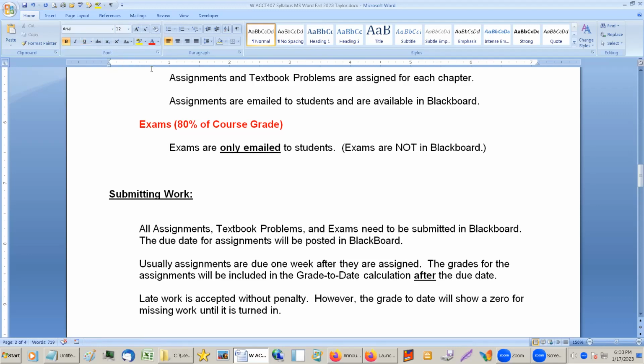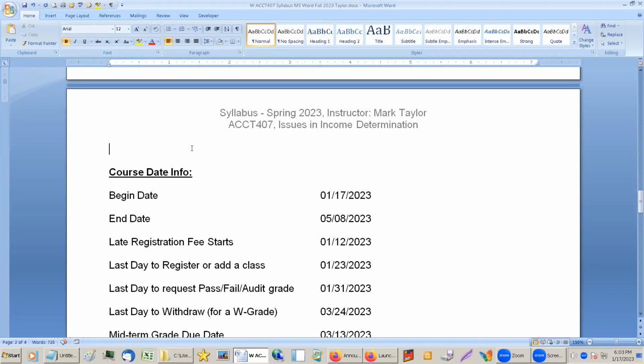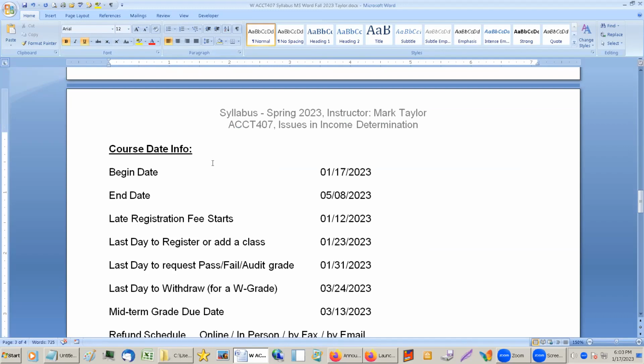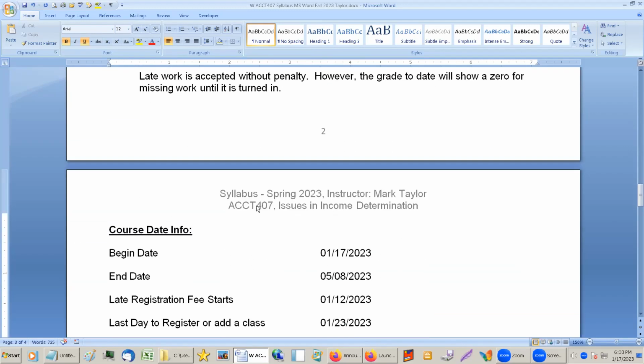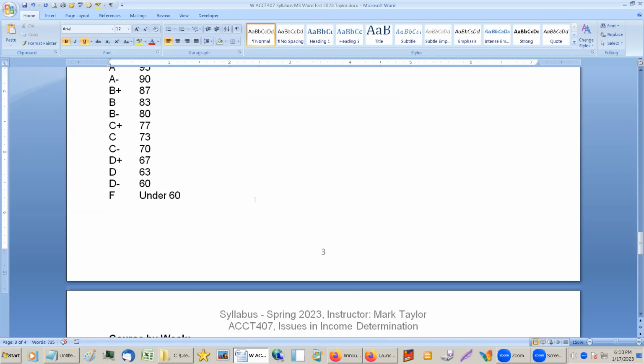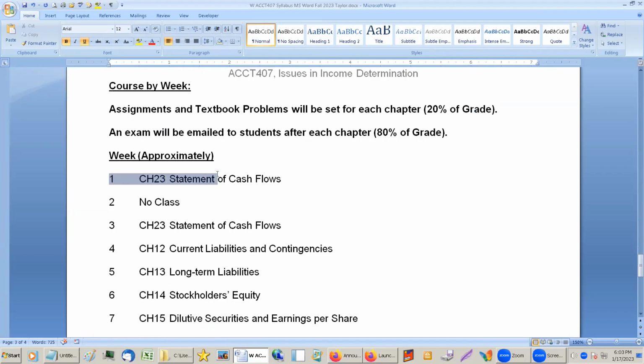The exam will be given after every chapter. So for instance, we come down here. Our first chapter, it'll say, is chapter 23. So there's going to be an exam on chapter 23.